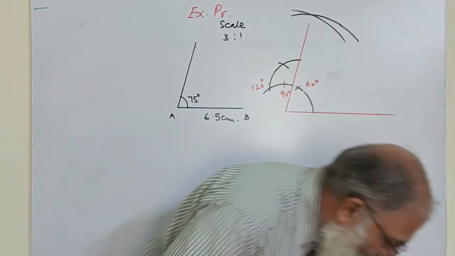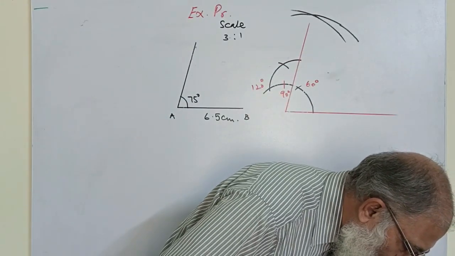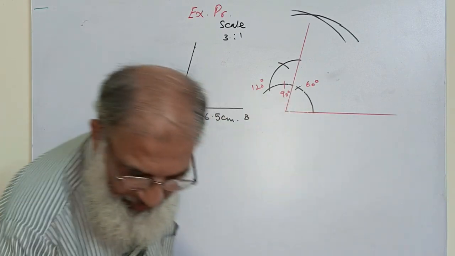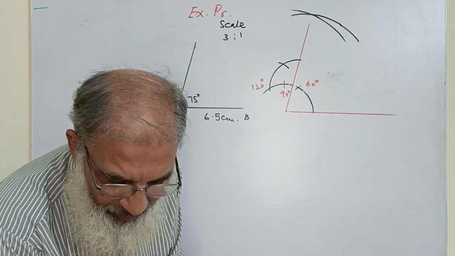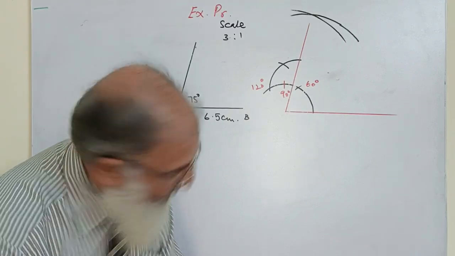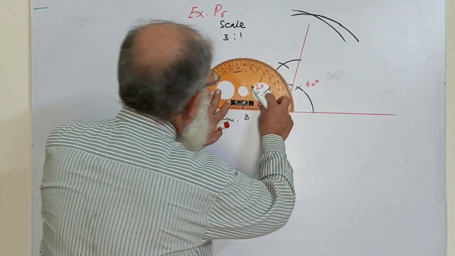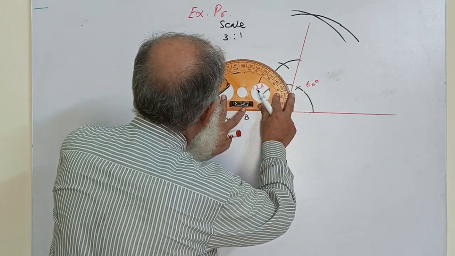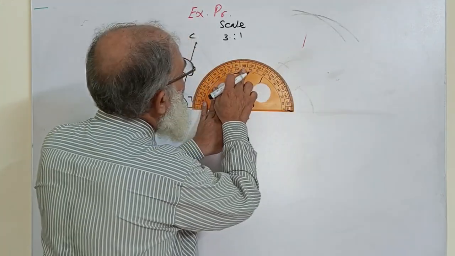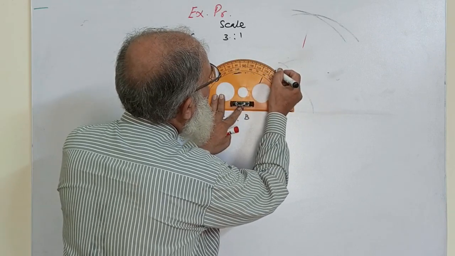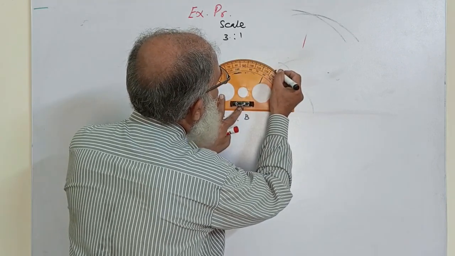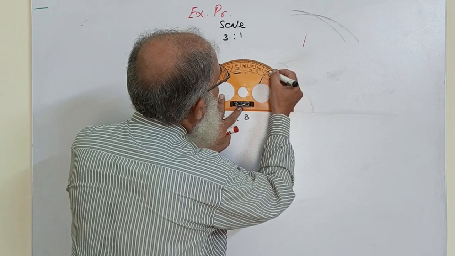Now at point B measure an angle of 125 degree. We have to draw an angle of 125 degree at point B. Do you see that this is 90 degree, 100, 110, 120 and 125 degree. 125 degree will become over here somewhere.